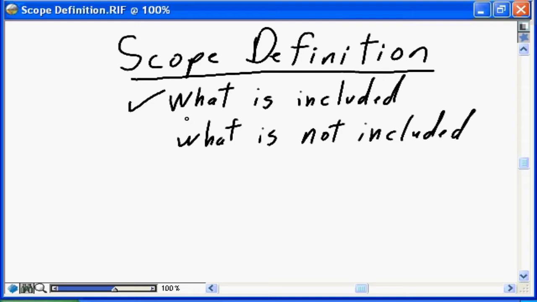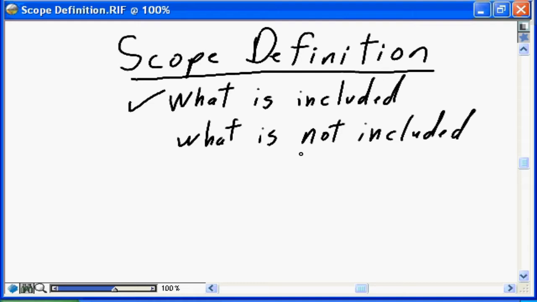A key to defining the scope is to define what is included in the project. But unfortunately, that is very difficult in many circumstances because the project's end goal is well known, but exactly how to achieve that end goal, what that final product is going to look like to achieve the goal, is often unclear. So therefore, doing that complete, unambiguous definition of scope is very challenging.